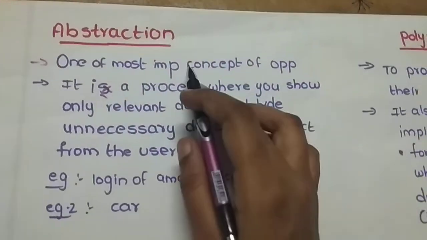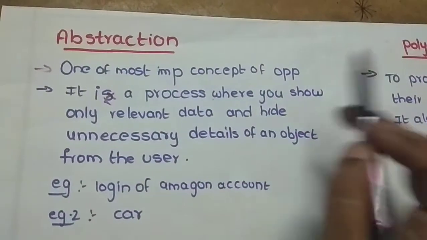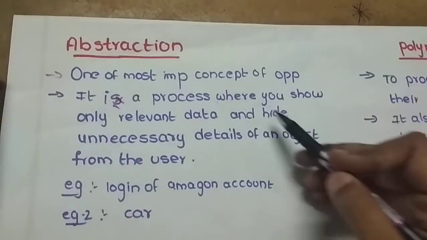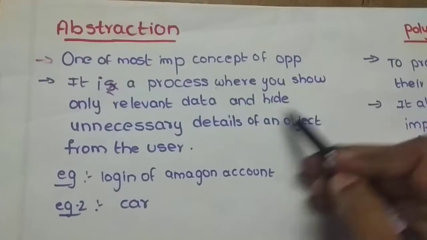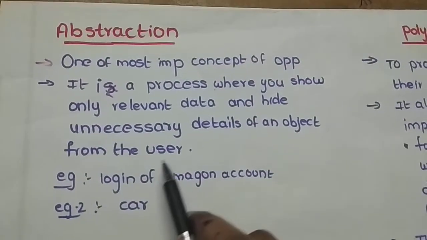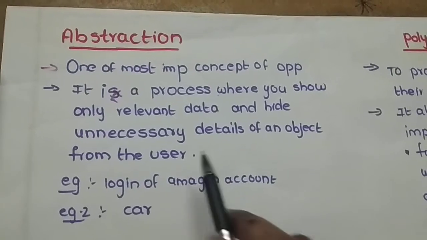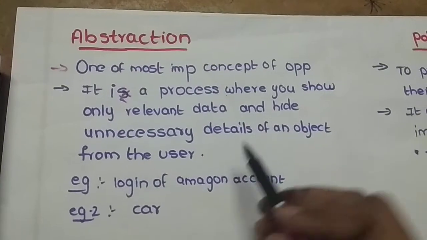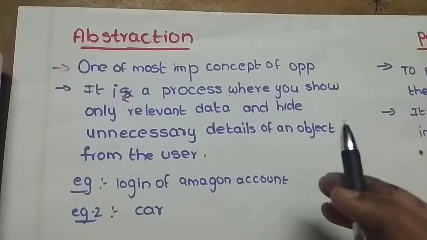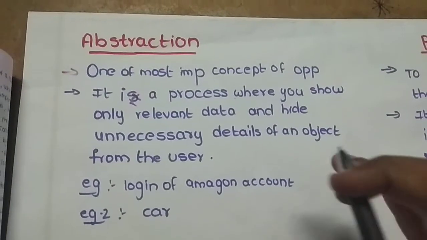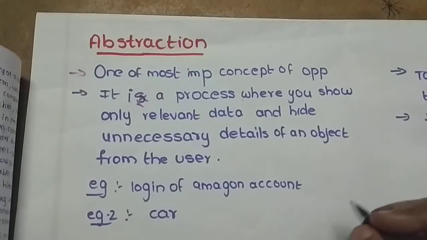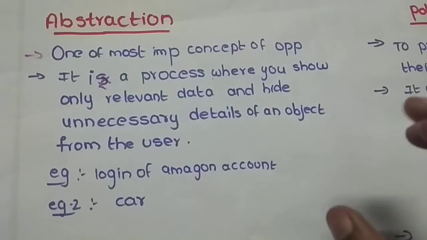Abstraction is one of the most important concepts of OOP. It is a process where you show only relevant data and hide unnecessary details of an object from the user. For example, if we take Amazon, when you log in to your Amazon account, it asks you to enter the login ID.